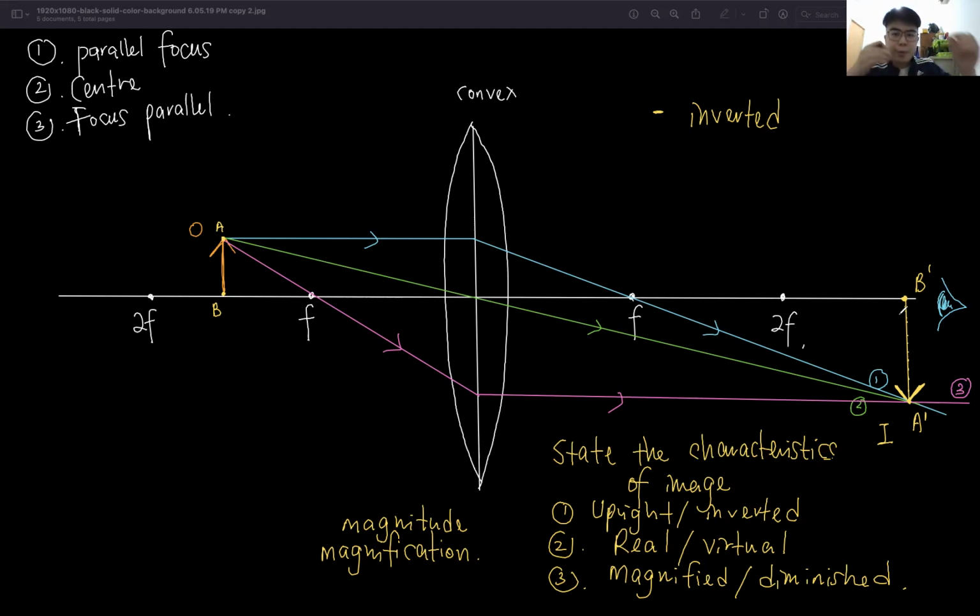Now, how do you know whether it is a real or virtual image? If the image is on the same side as the eye, then it is a real image. Use the eye for your reference.